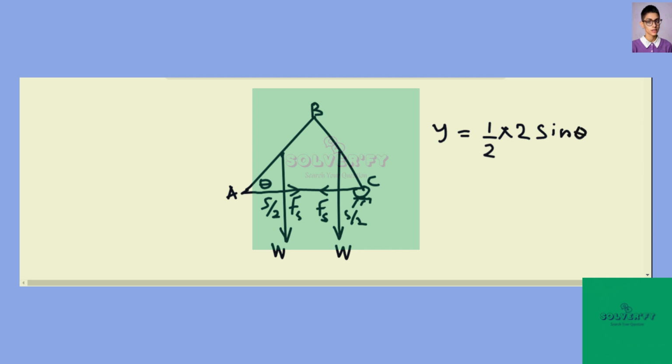Having that for one bar, for the two we add them. So the gravitational potential, let's call it V sub G, is going to be weight times Y.